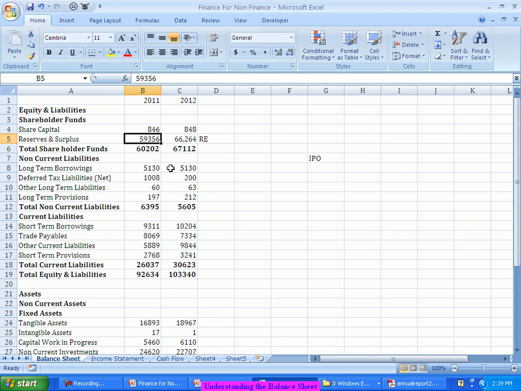If you want more, again there is a process for increasing your authorized share capital limits. So you have to make sure that this is within the limits only, which means the number of shares cannot go beyond a certain limit, but the per share price can go up. So anything excess that is going up, you are capturing it as a part of reserves and surplus.